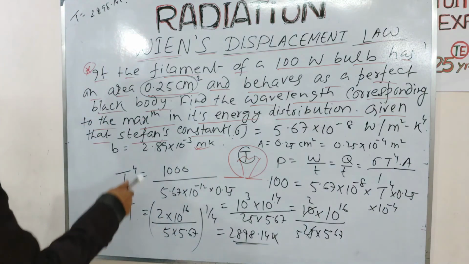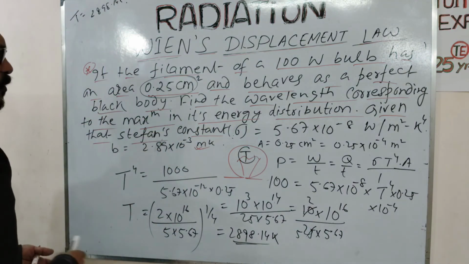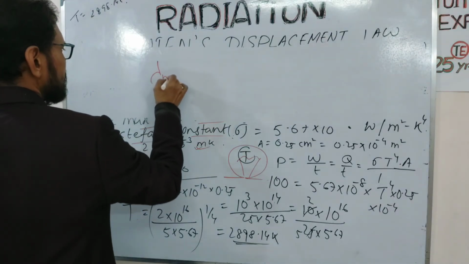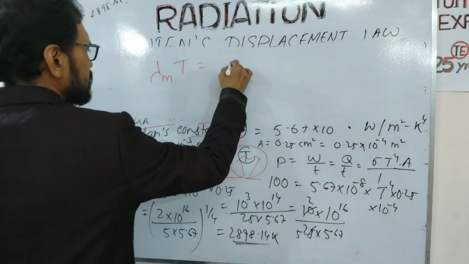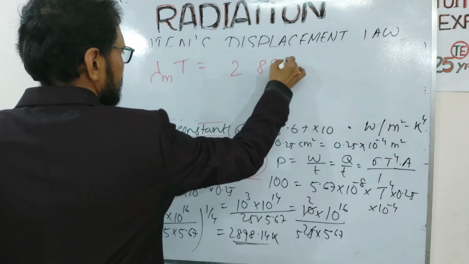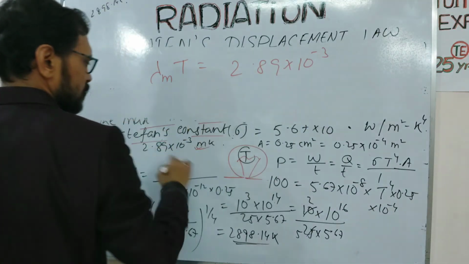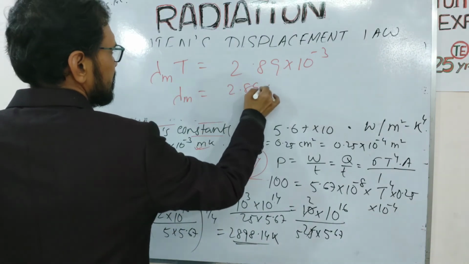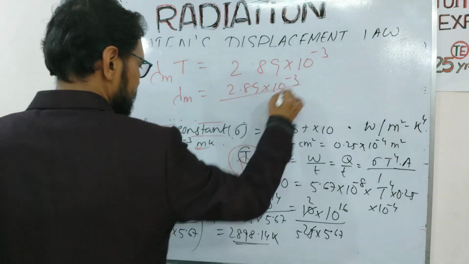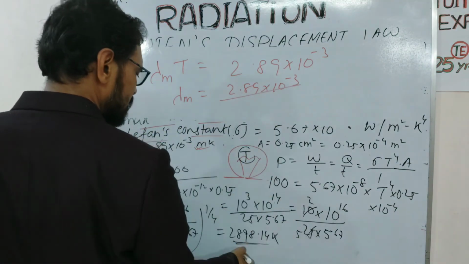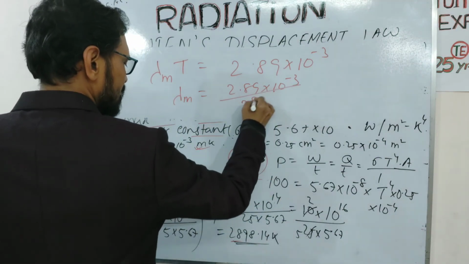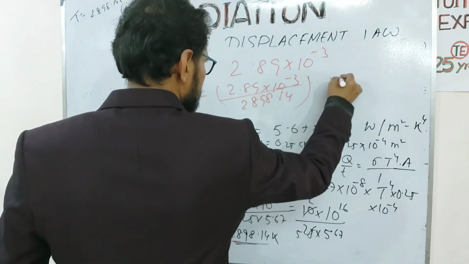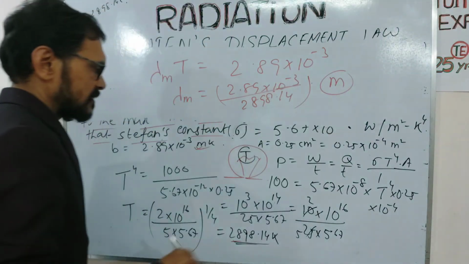Now what is the value of wavelength? To find the wavelength, we use lambda m into T equal to constant, 2898. So we get T. So now lambda m equal to this by T. T we get this value. This wavelength, the unit will be meter.